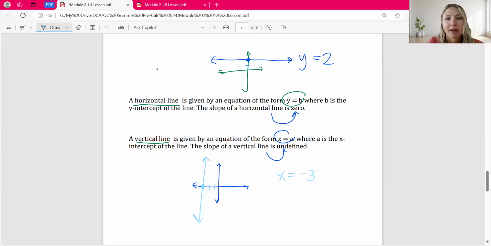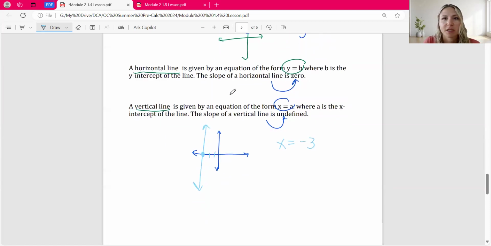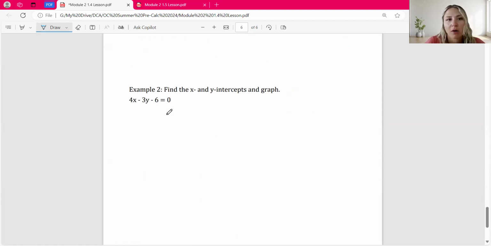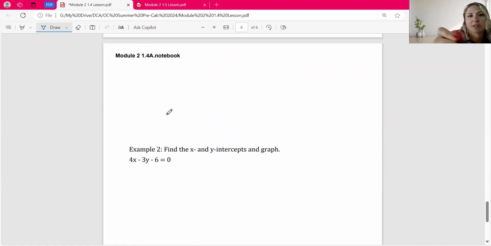And also talking about intercepts, x and y intercepts is going to be the last example we're going to talk about this morning. Find the x and y intercepts and then graph this equation. So a review on how we find x-intercepts and y-intercepts. In order to find x-intercepts, we need to set y equal to 0 and solve.